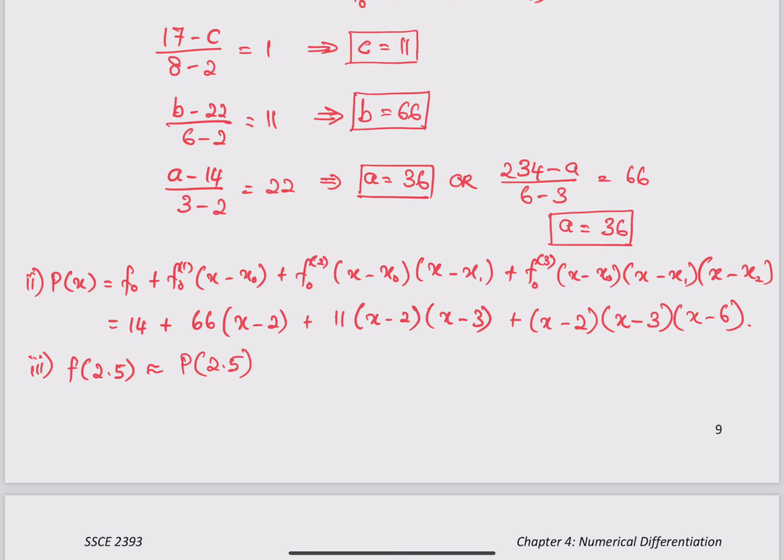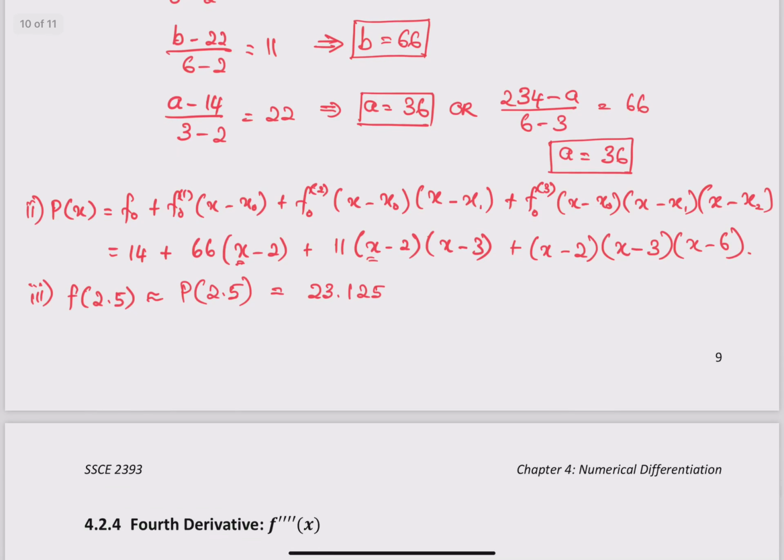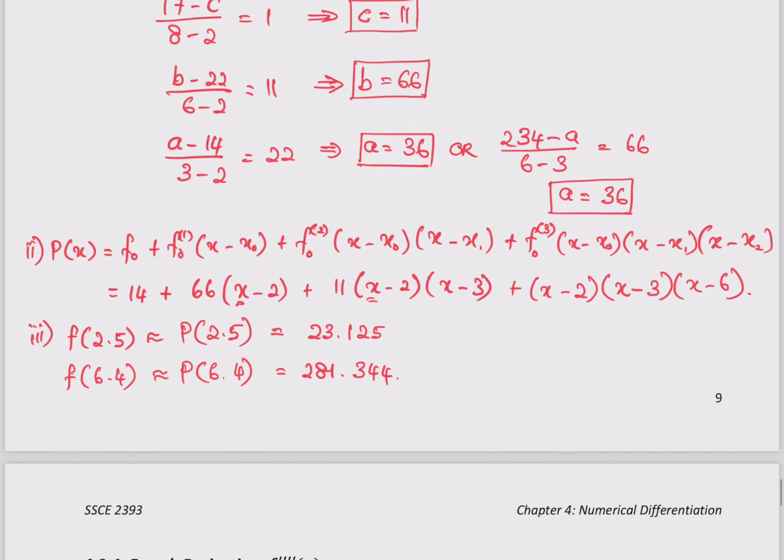You just substitute the value of x in your polynomial equal to 2.5, and you will get 23.125. You also need to calculate the value when x equals 6.4, approximate P 6.4, and what you will get is 281.344.